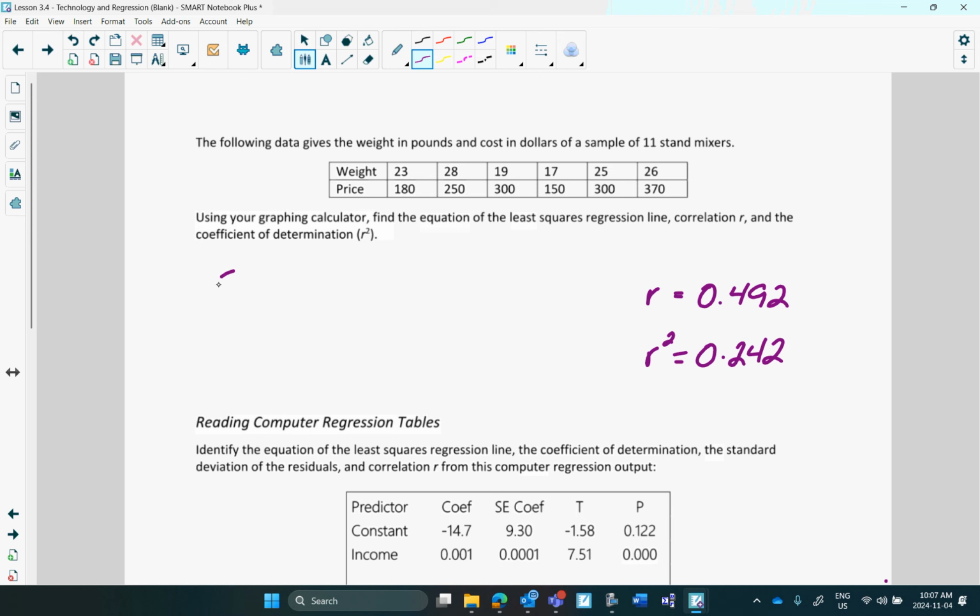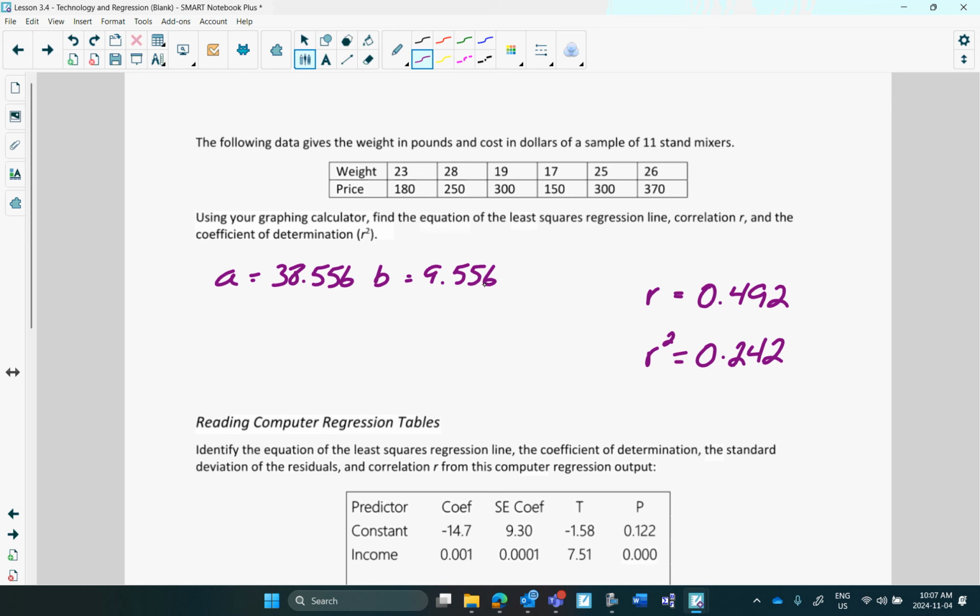Remember A, which represents our y-intercept. I'm just going to say 38.556. B is going to be 9.556. And now you've got to write your equation from this.